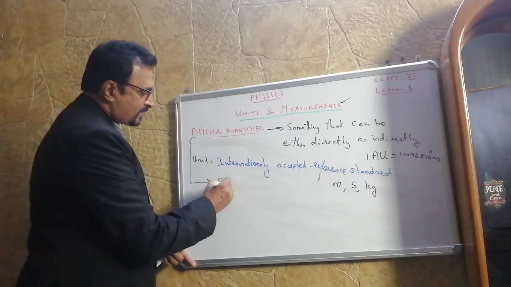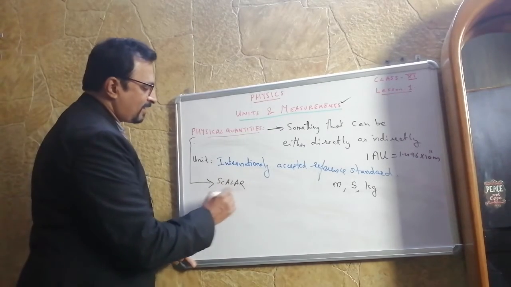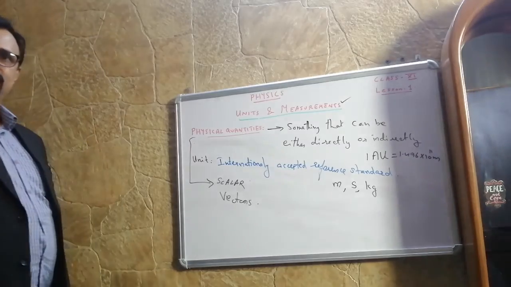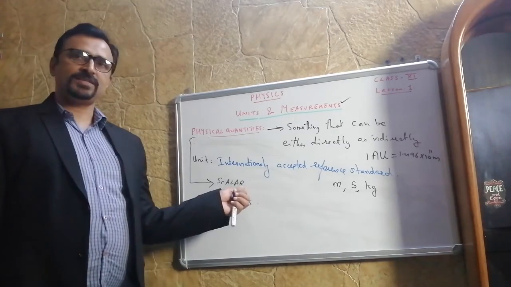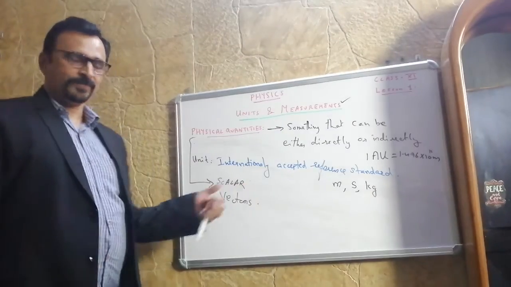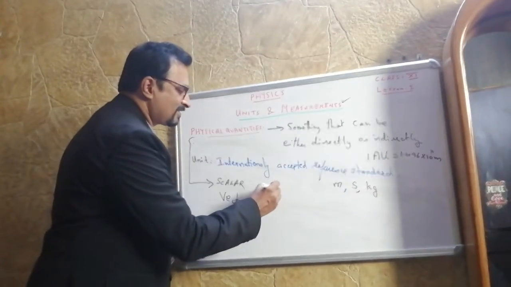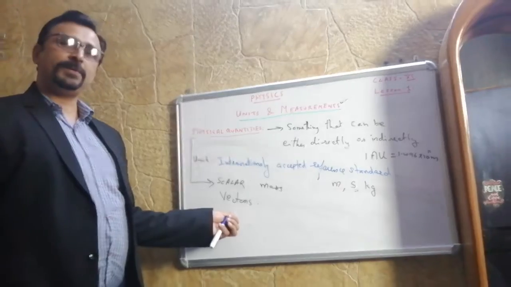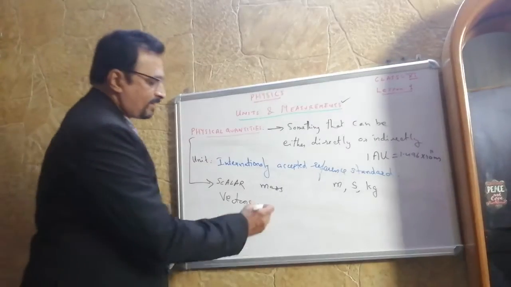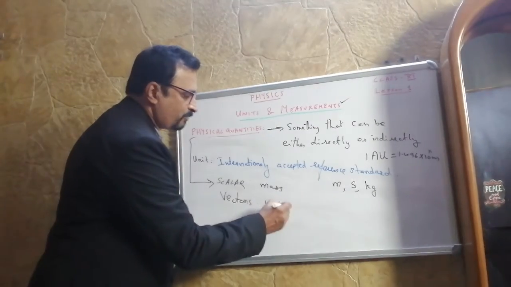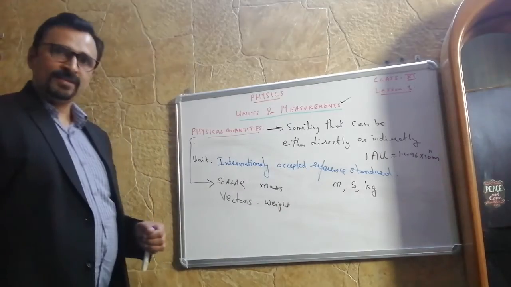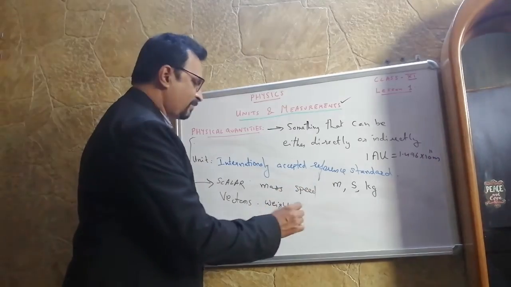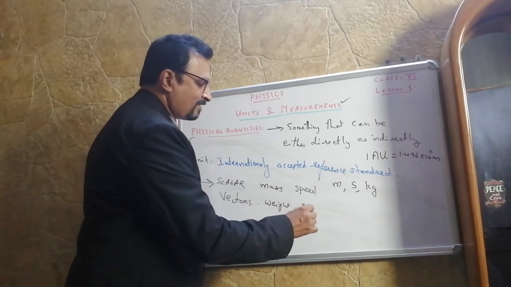Right. So, physical quantities again. One classification you already studied: scalars and vectors. This is there in class 9th. Scalar means physical quantities that have only magnitude. For example, mass is a scalar. Physical quantities that have both magnitude and direction are called vectors. The corresponding vector is weight. Another scalar is speed, and the corresponding vector is velocity.